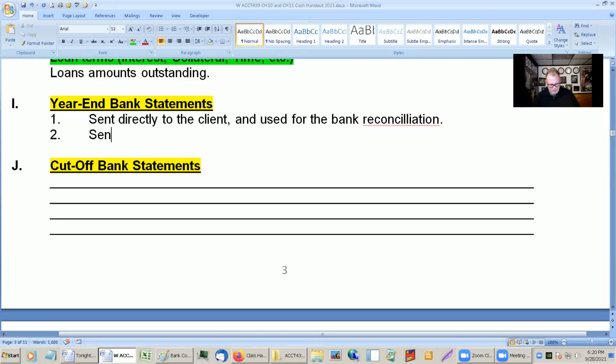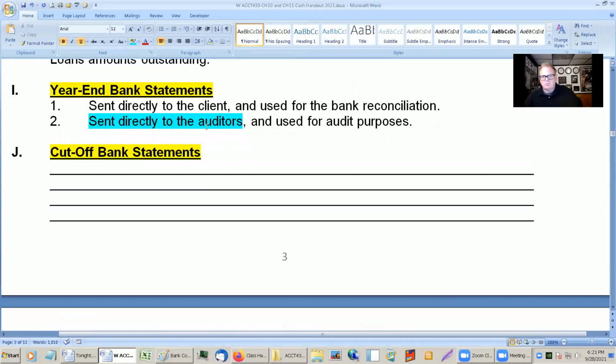One will be sent directly to the auditors. So the auditors will be sent a bank statement directly to them.